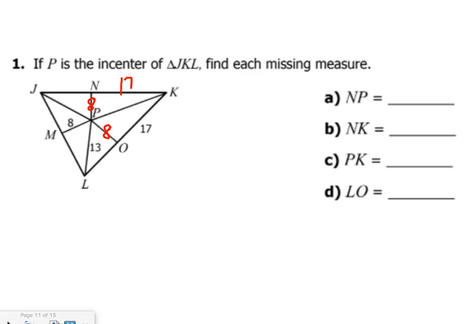Okay, so we said NP is 8. NK is 17. PK, you want to say 13? What do we have to do though? Pythagorean theorem, because this is a right angle. So 8 squared plus 17 squared equals x squared.